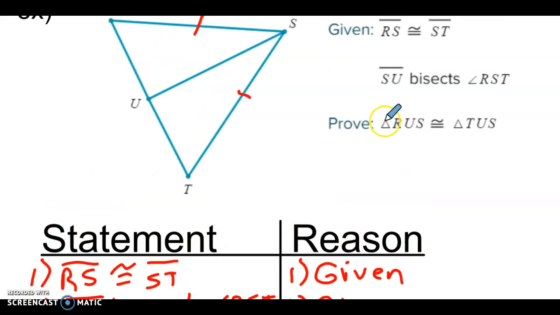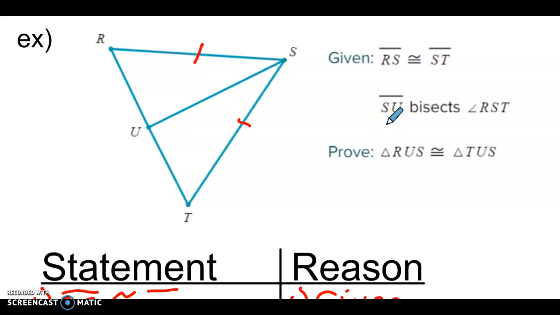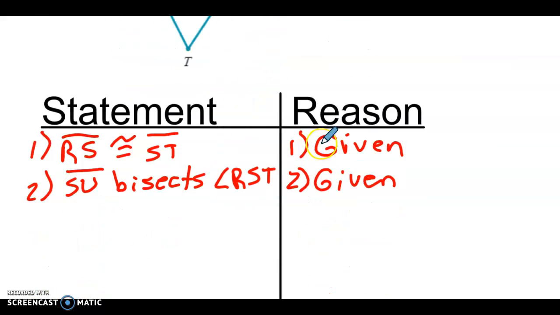Now, when we go ahead and mark that, since it's bisecting RST, we know that those two angles are going to end up congruent. But we have to actually state that they're congruent. So this was a piece of information that will lead us to be able to say they're congruent, but you have to actually state that.